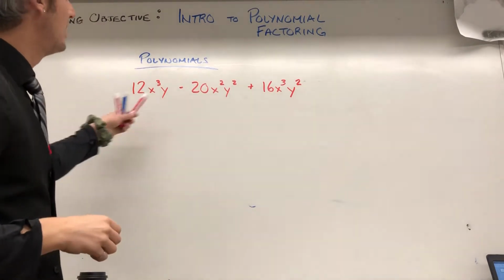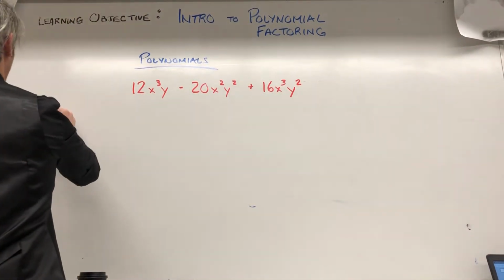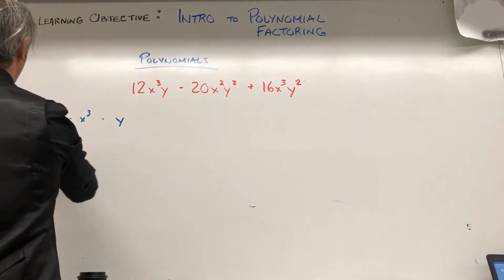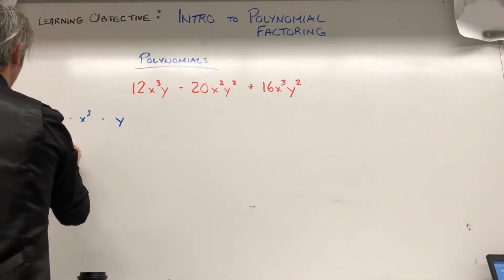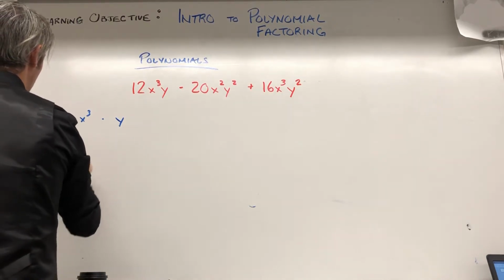Okay, so now I have to do factor trees for all 3 of these. So let's start with 12. Got 12 x cubed y. So 12 factors down to a 2 and a 6, and then a 2 and a 3.